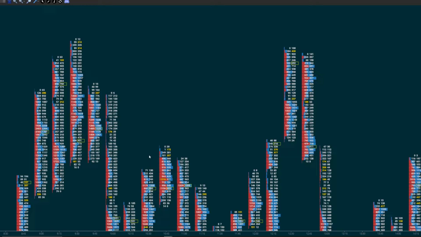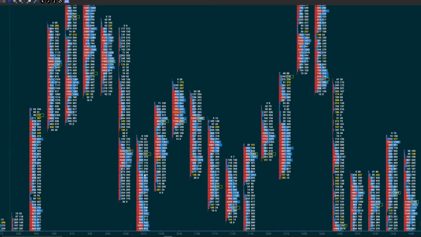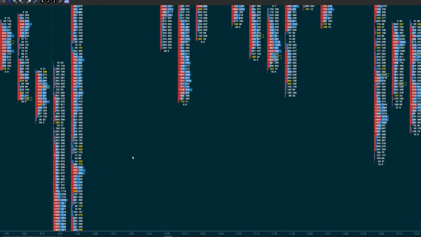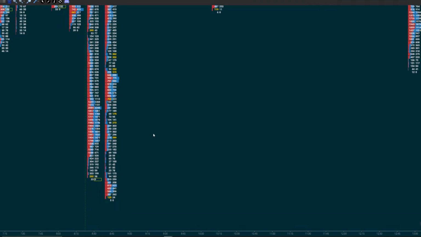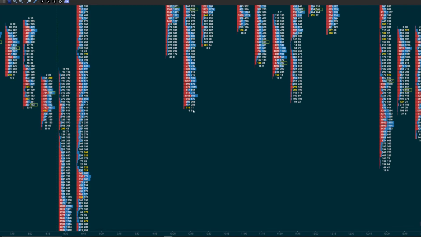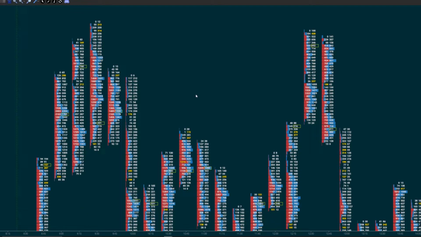When there are a lot of numbers, you are getting distracted most of the time, right? Some people can do it. A lot of people can do it actually with just DOM only. And some people utilize the footprint. And I will show you why it is a good tool for order flow.